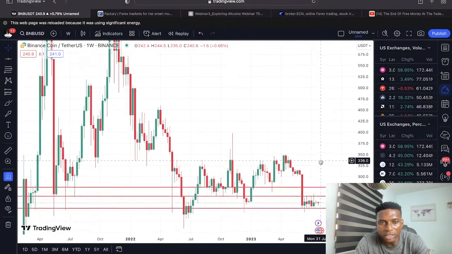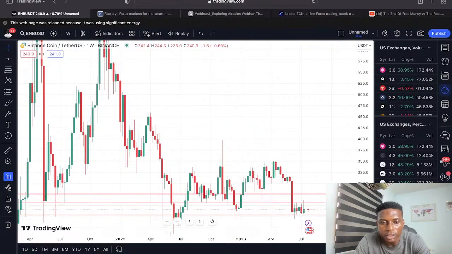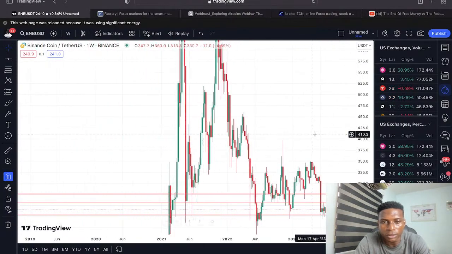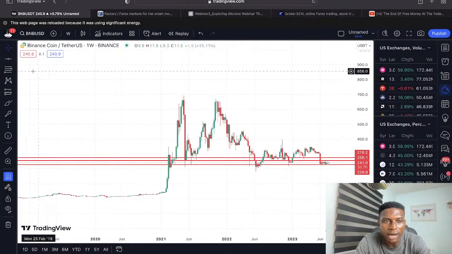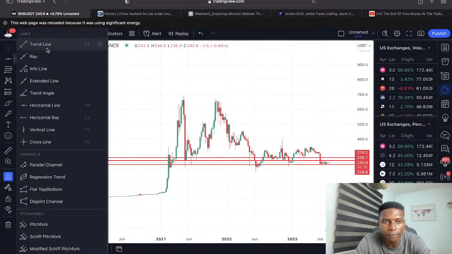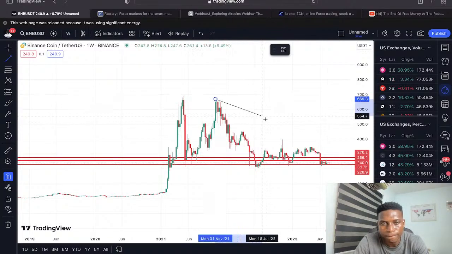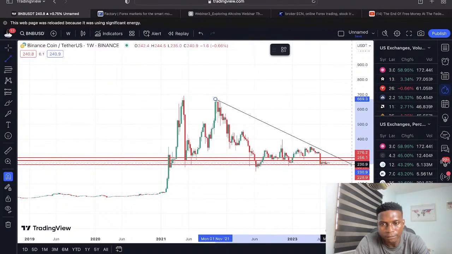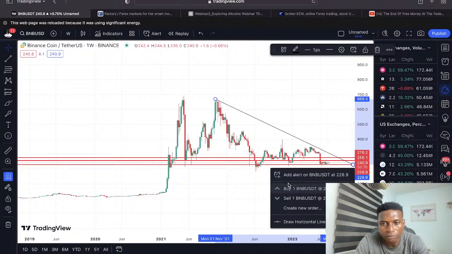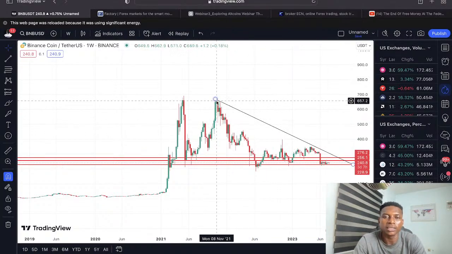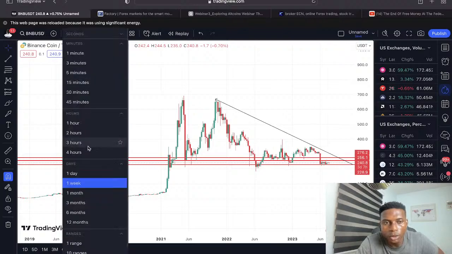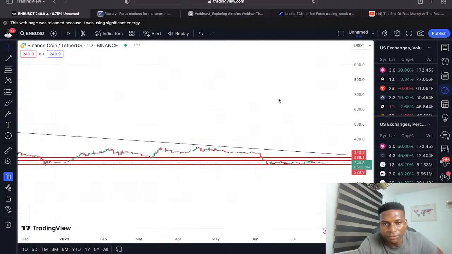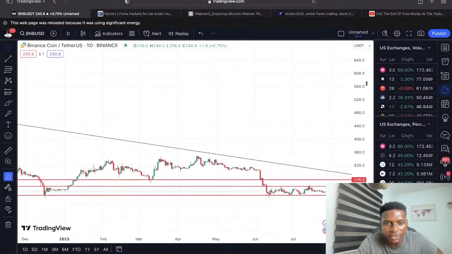Looking at the weekly time frame, what can you see? This is what I can see on the weekly time frame. Now when we go to the daily time frame, what can we see?